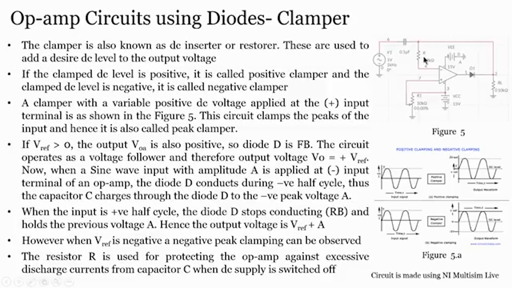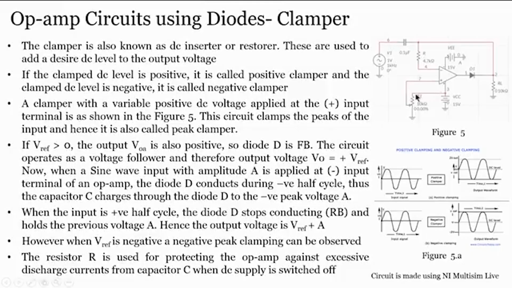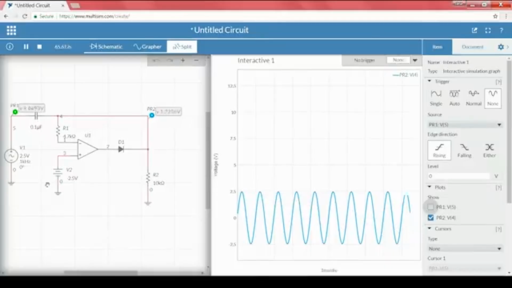Depending upon whether you apply a positive or negative input, the signal will be clamped to that value. Since in this case we have provided the input as minus 2.5, and the negative peak is also starting from minus 2.5, it is not clamping it.